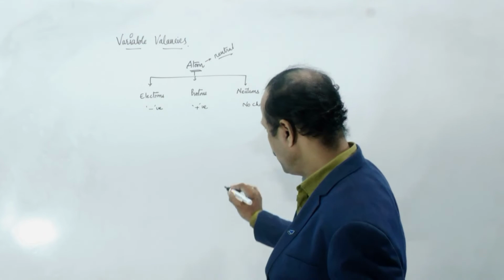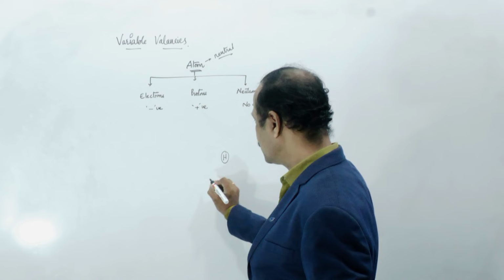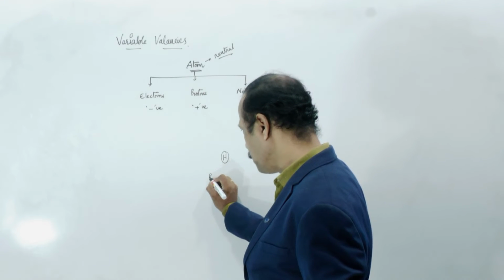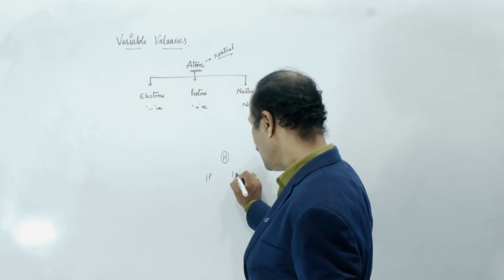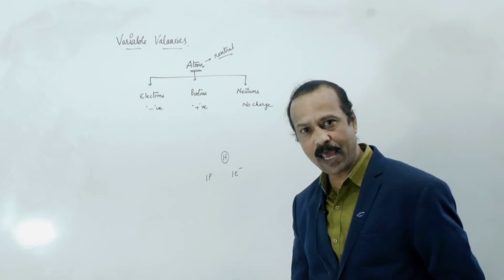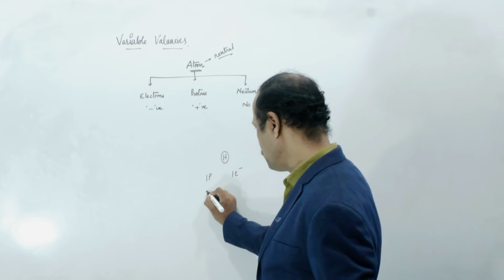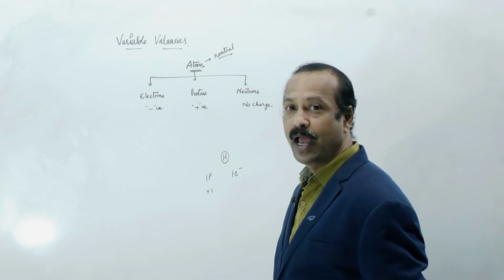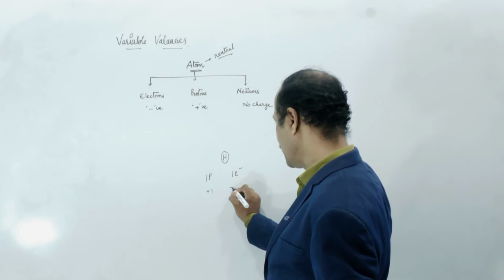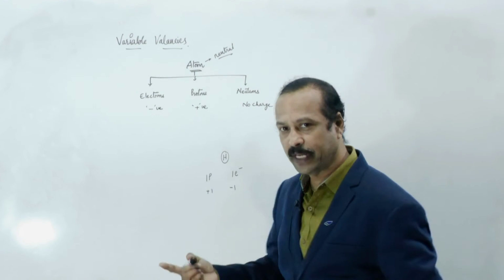For example, hydrogen has one proton and one electron. Proton carries plus charge, so I am writing plus 1. Electron carries minus 1. We need not write the plus.